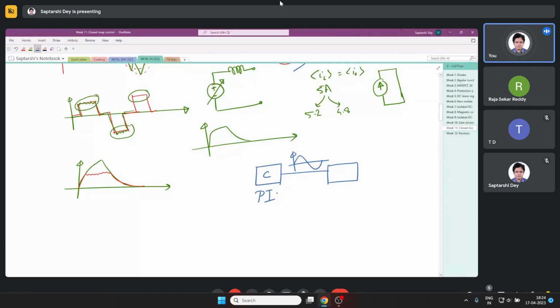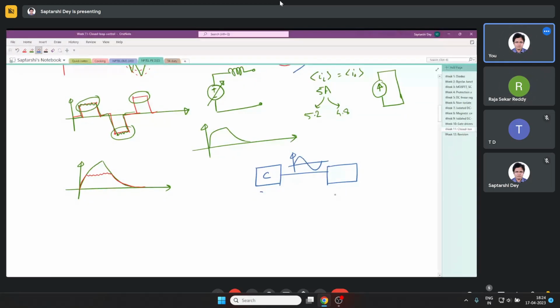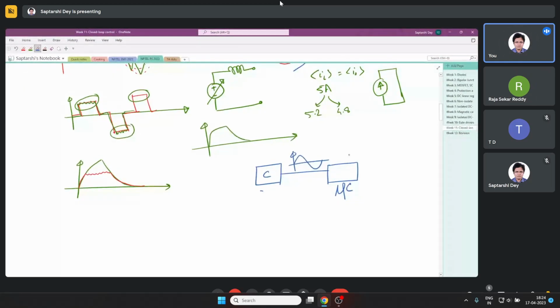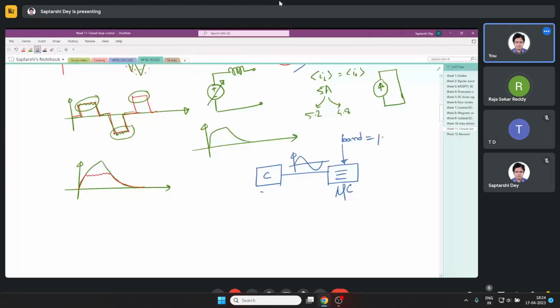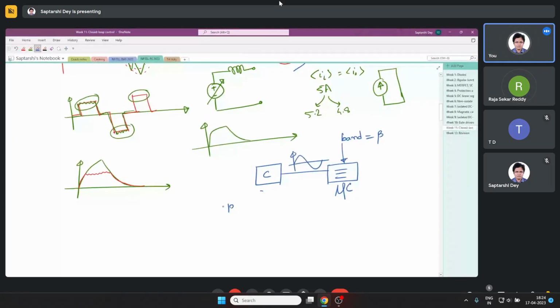Generally PIs do not give things like this, so whatever controller it is, this thing you give to a microcontroller. Now, to the microcontroller, apart from this sinusoid, what else do you give? The value of the band. And you write a code in the microcontroller. You tell the code that whatever reference you are getting, you add and subtract. Say I take band equals beta, and my reference signal is Iref.